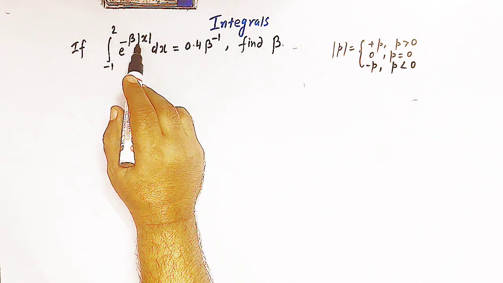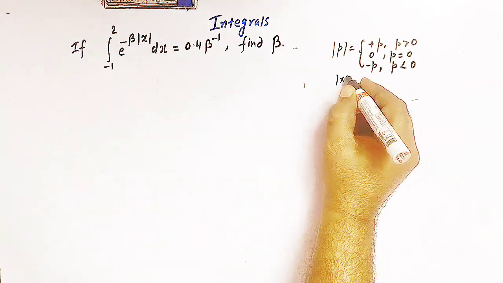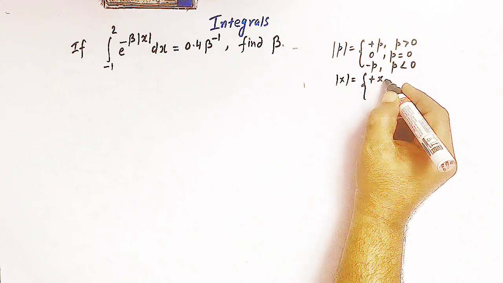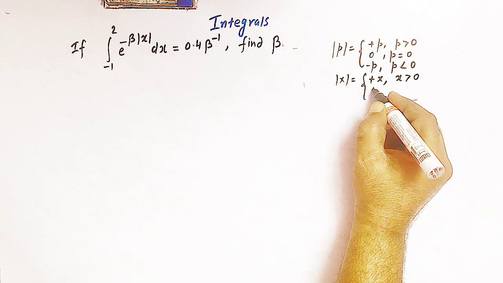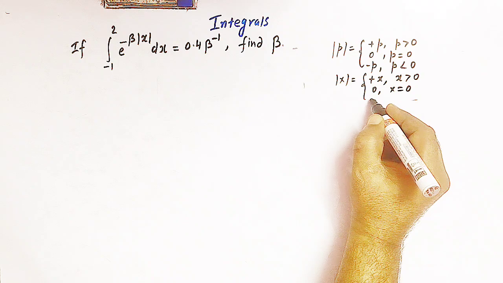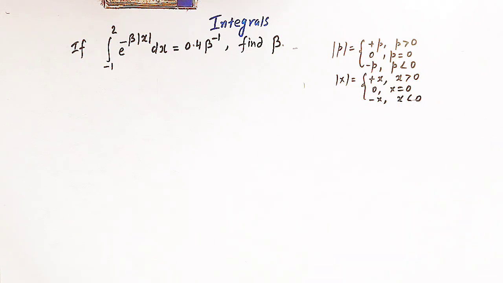Now here we have mod of x, so mod of x is equal to positive x when x is greater than 0, mod of x is 0 whenever x is equal to 0, and mod of x is negative x when x is less than 0.